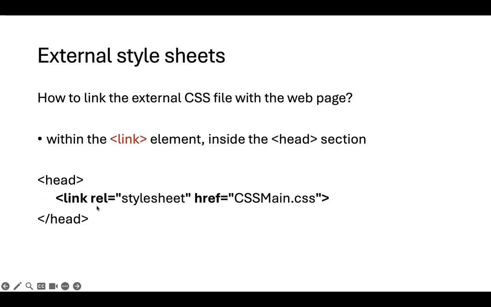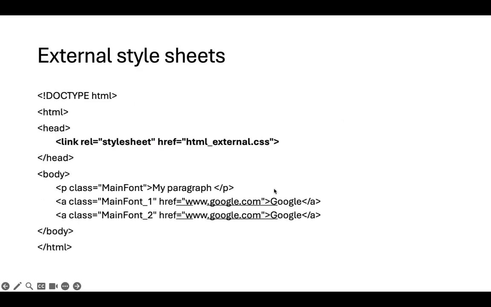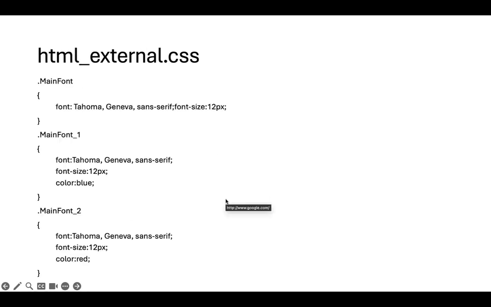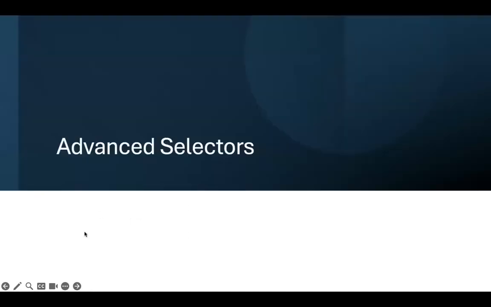Using the link tag, we need to specify the style sheet, and here we need to give the path of the sheet. Here is an example, where we need to link the HTML to the external style sheet, right? Here you can see the styles in the CSS file, right?